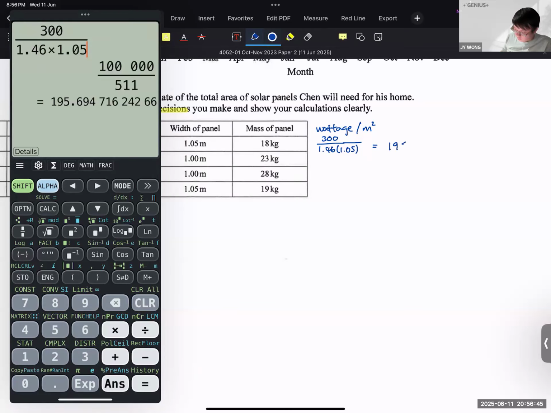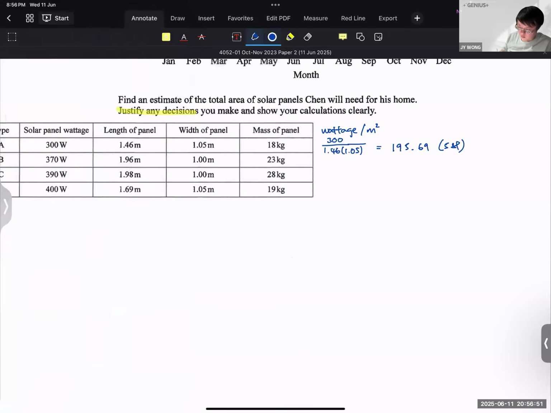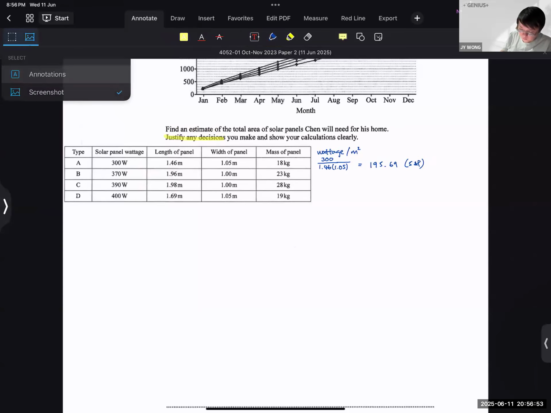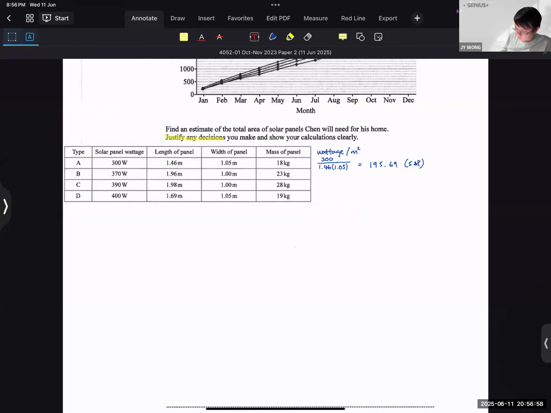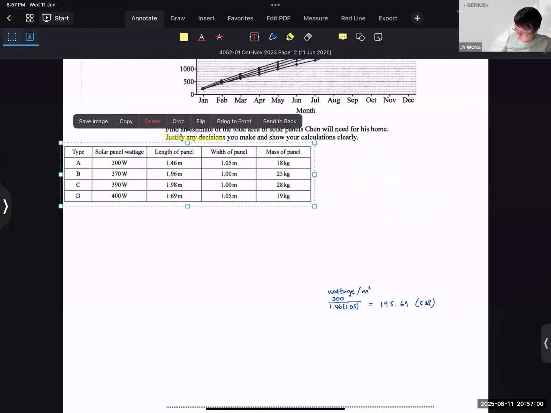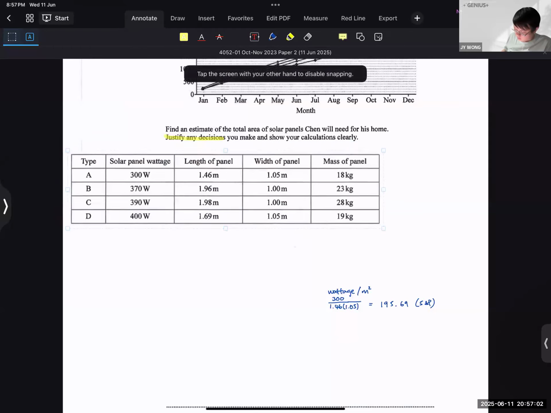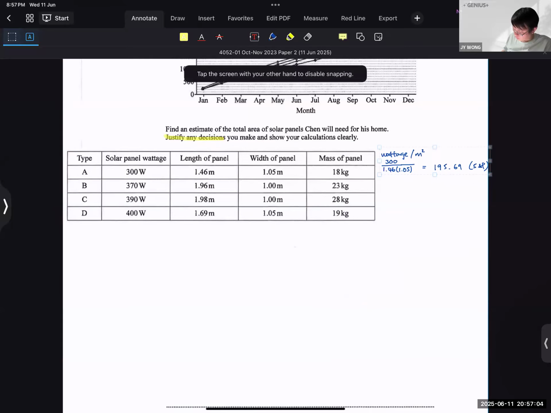So it's about 195.69 in 5SF. Then my second one, I need more space. Fractions are annoying.